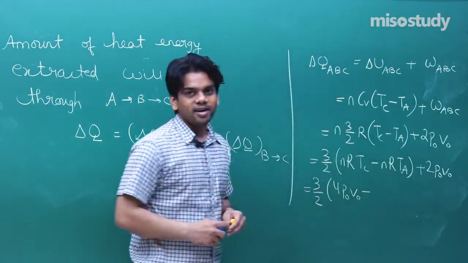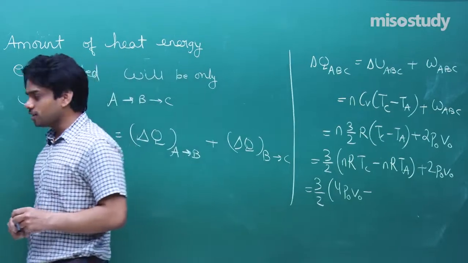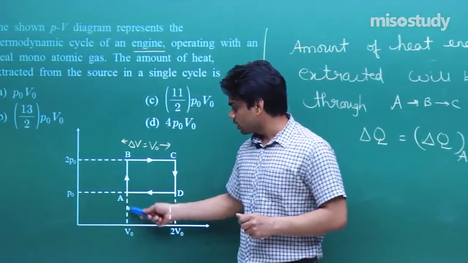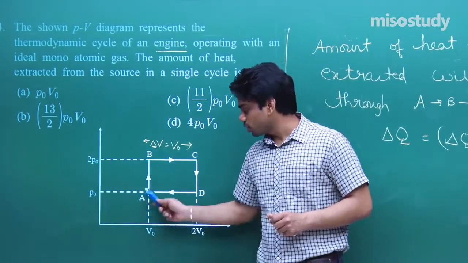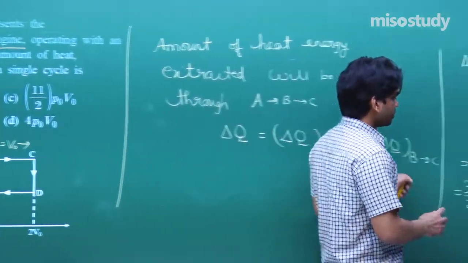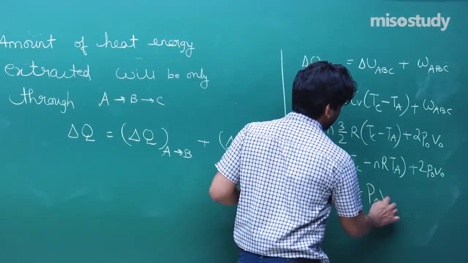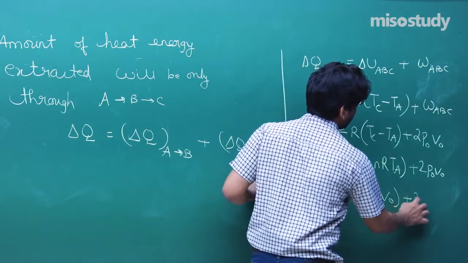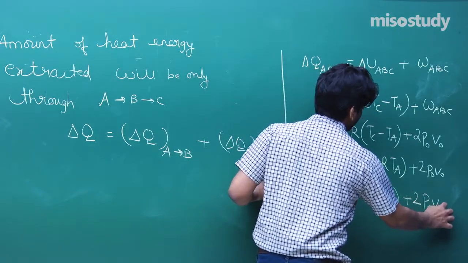Minus nRTA, which is equal to PV, that is P0 into V0. Substitute here, minus P0 V0 plus twice P0 V0.